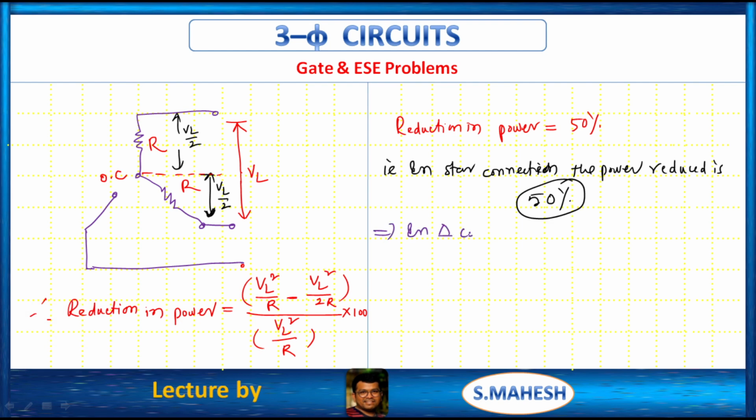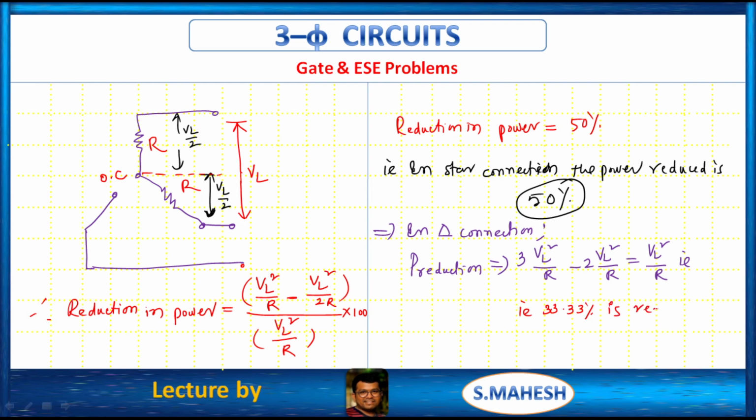Like that, in case of delta connection, the power reduction is 3VL square by R minus 2VL square by R, which is equal to VL square by R. Divided by 3VL square by R, that is 1 by 3, which is 33.33% reduced.